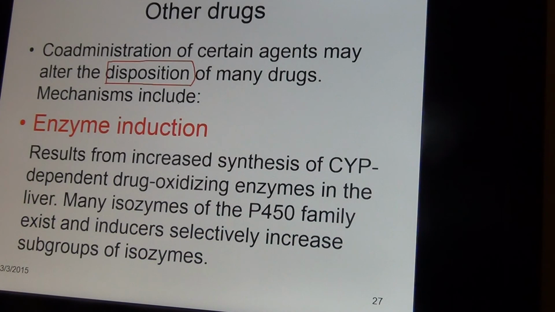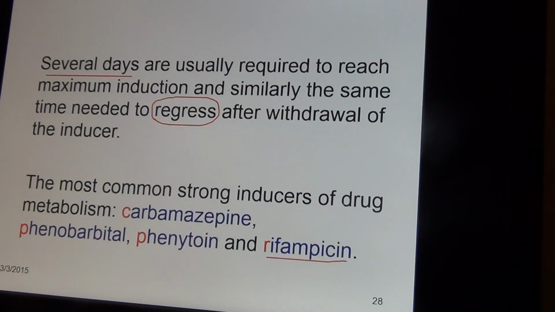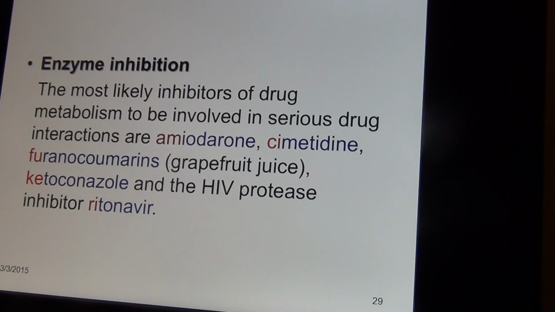And also we have enzyme inhibition. So we are talking about mechanisms of how giving another drug might alter the metabolism and excretion of other drugs. For enzyme inhibition, the most likely inhibitors of drug metabolism to be involved in serious drug interactions are amiodarone, cimetidine, grapefruit juice, ketoconazole, and the HIV protease inhibitor ritonavir.